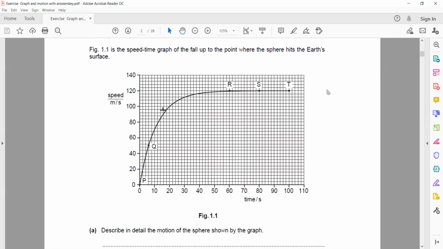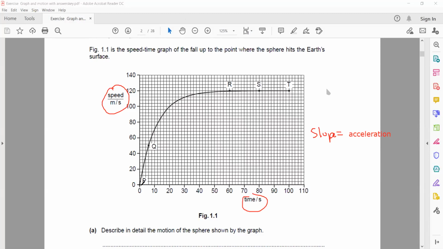So it's a speed-time graph. Whenever you have a speed-time graph, what does the slope represent? In a speed-time graph, the slope represents acceleration.